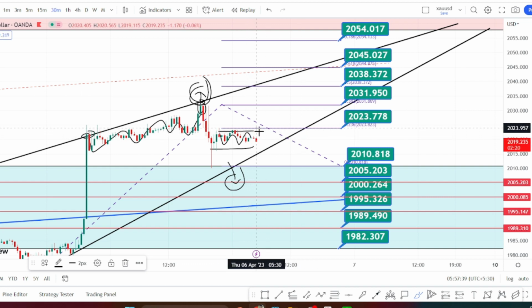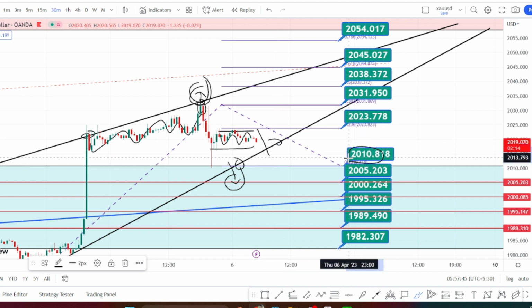So if the price action gives a breakout from this support line from the hourly time frame, next level of support is going to be around 2010, 2005, 2000, 1995, 1985 and 1982 on the bearish side.